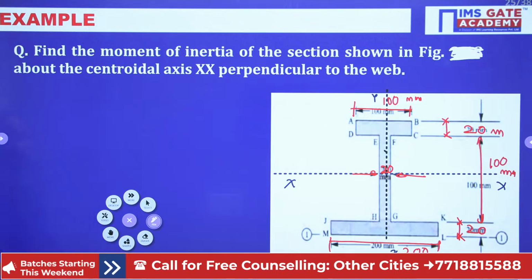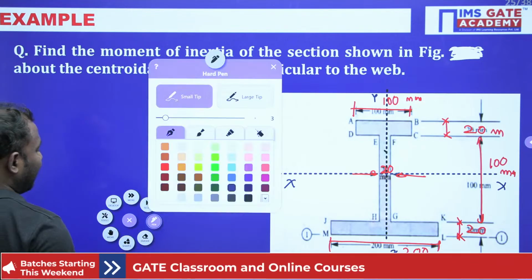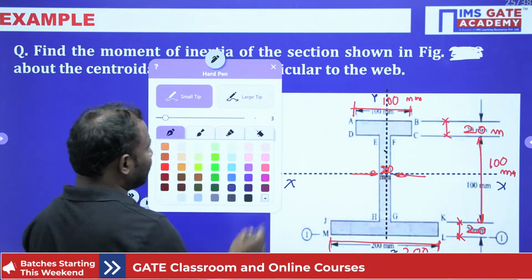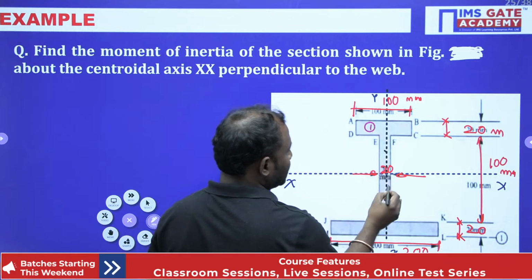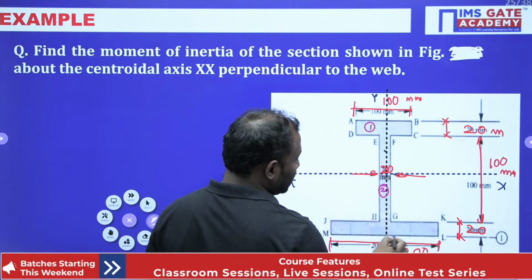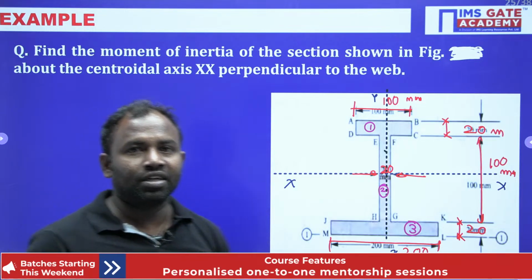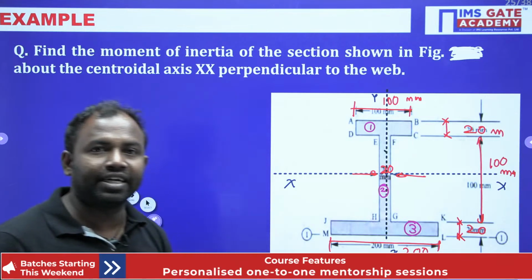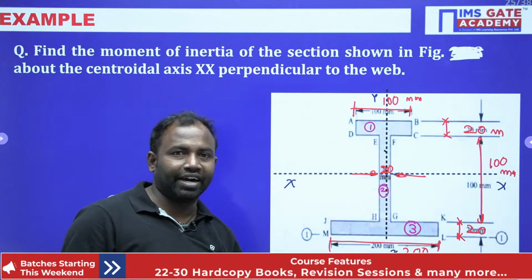Now this section is divided into three parts. Have a look at this, three parts. Say it is part 1, say it is part 2, and say it is part 3. Three parts it got divided, right?